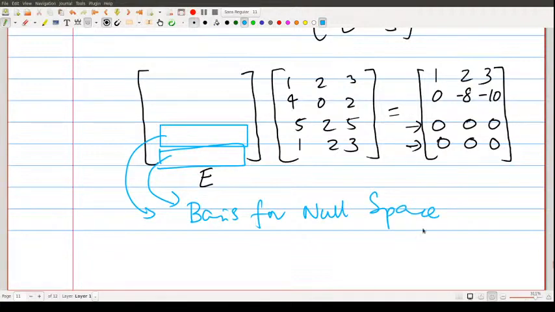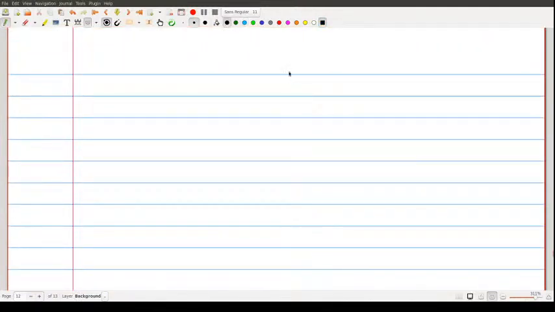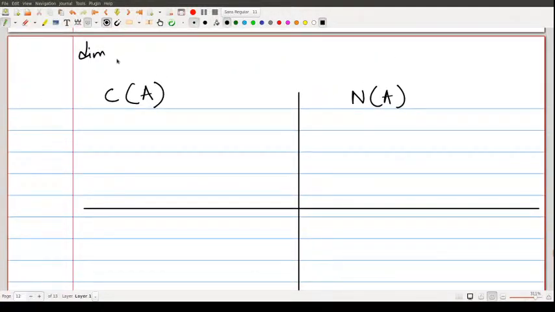Okay, I know we're a little bit over time, but I'm going to recap what I just said. I have the column space of A and the null space of A, where A is an M by N matrix.